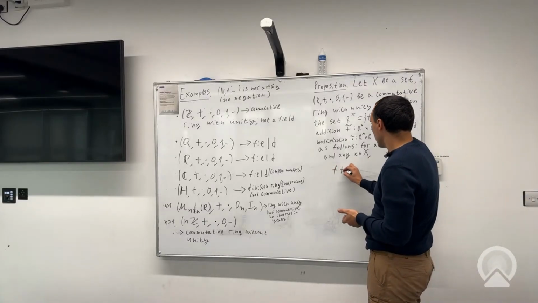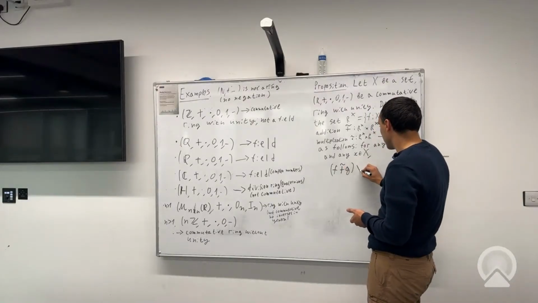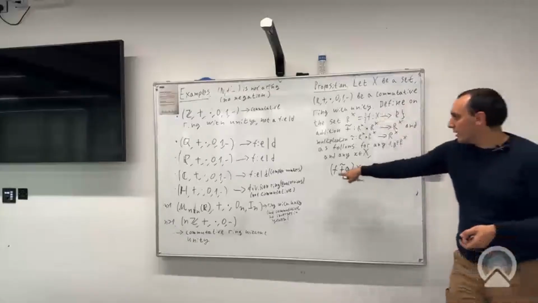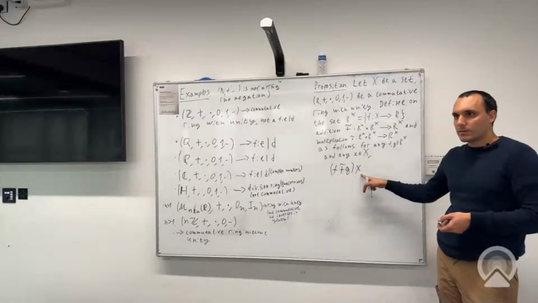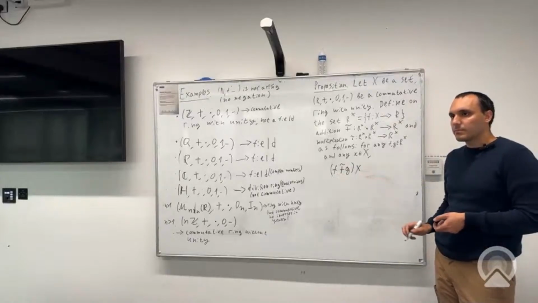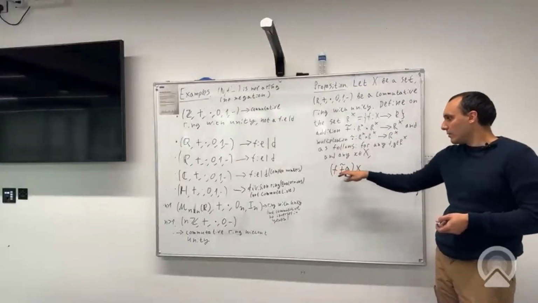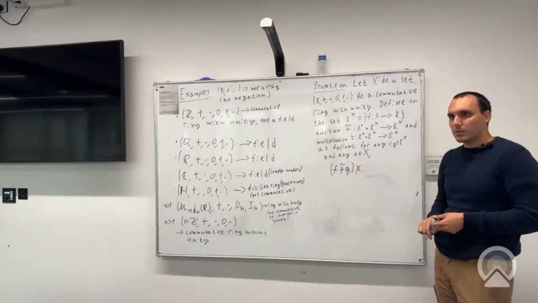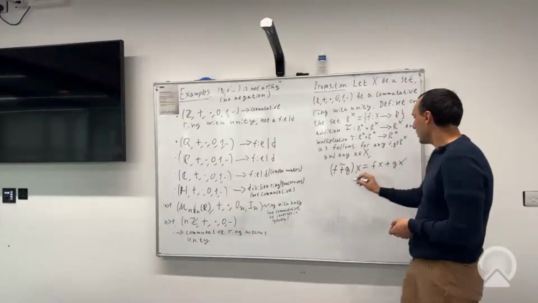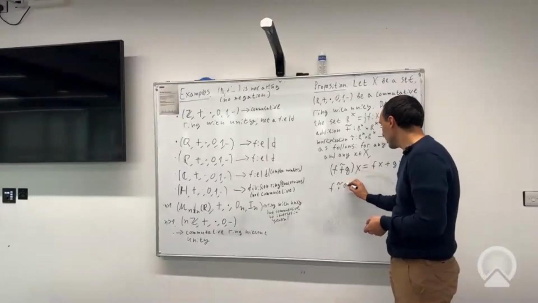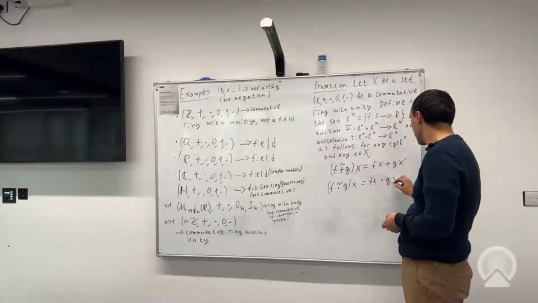So how do I apply them at x? If I know f and g, how do I find f plus g at x? It's f of x plus g of x. And f times g of x is again f of x multiplied by g of x.